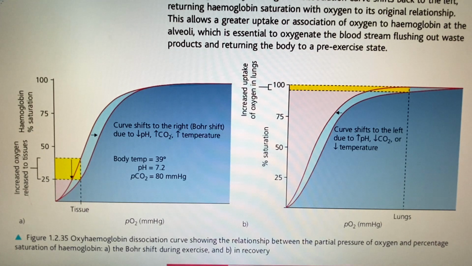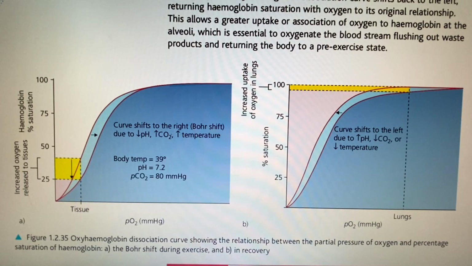So the first thing is temperature. As your temperature increases, your hemoglobin, for want of a better word, becomes less attracted to the oxygen. So I guess you could say less sticky. The oxygen doesn't want to stick to it quite as keenly, and so it's going to give it up that little bit more easily. And that will happen basically at body temperature of about 39 degrees.